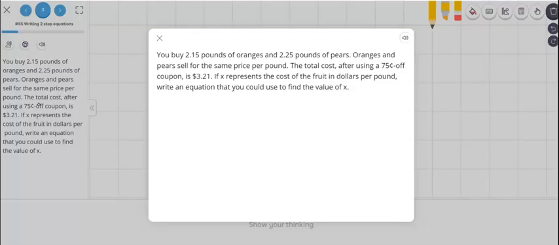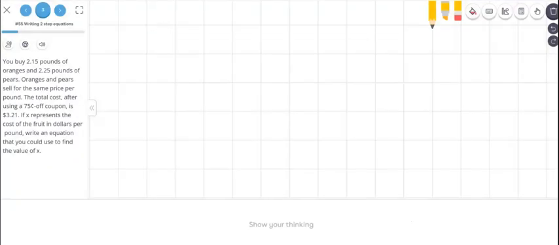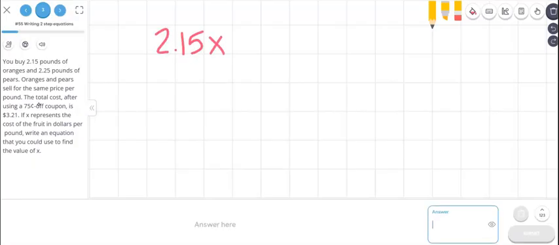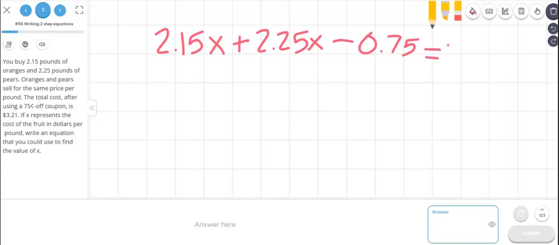All right, so we are going to have 2.15x plus 2.25x, and then minus 75 cents, so minus 0.75 should equal $3.21.